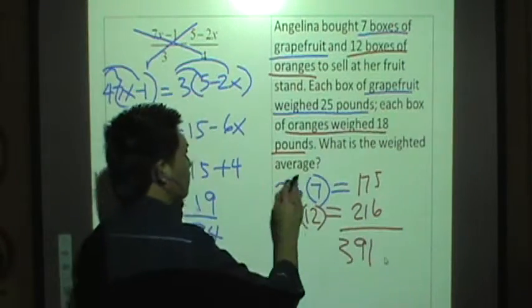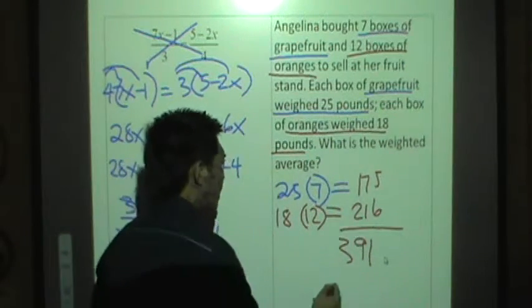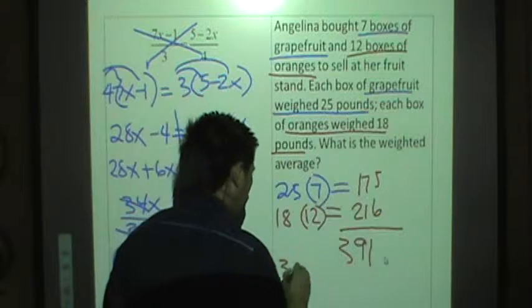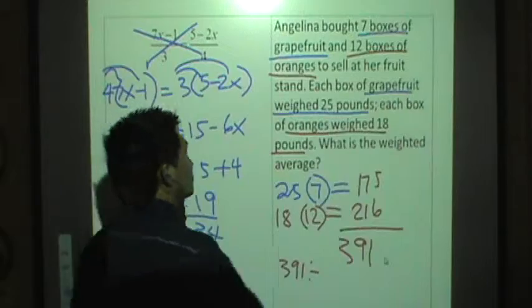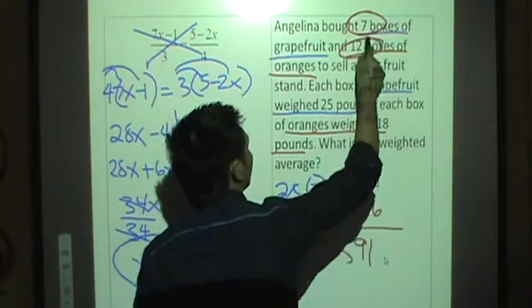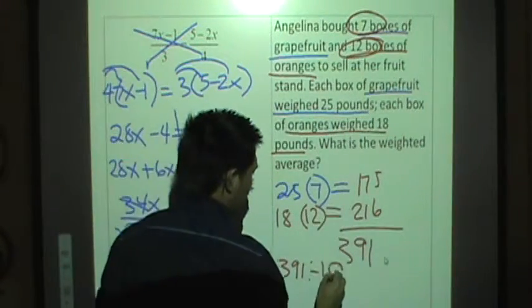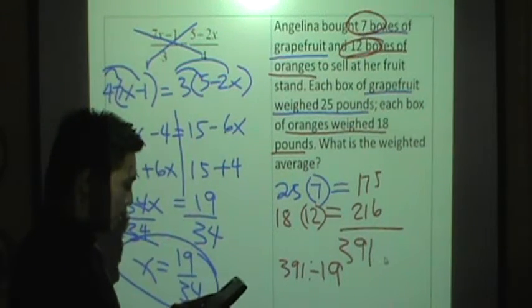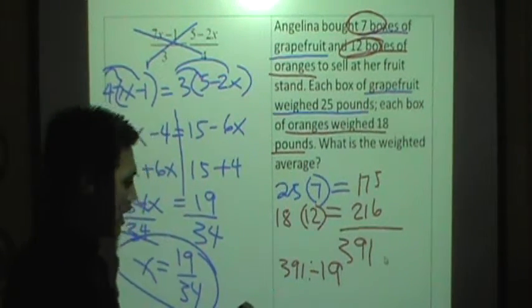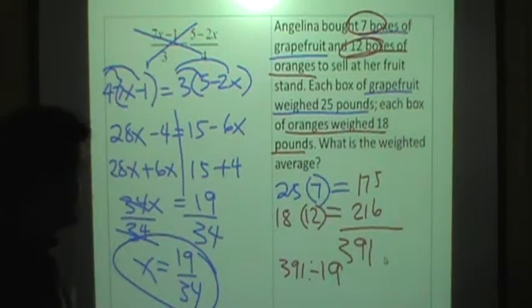But because we are solving for the average, we have to divide 391 by the total number of boxes. Here we have 7 boxes and 12 boxes, added together, divided by 19. So 391 divided by 19 is, I'm not going to give you the answer, it's up to you this time.